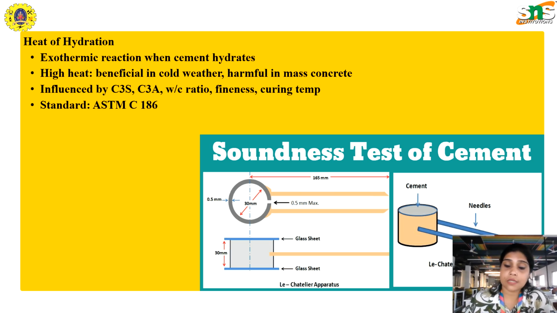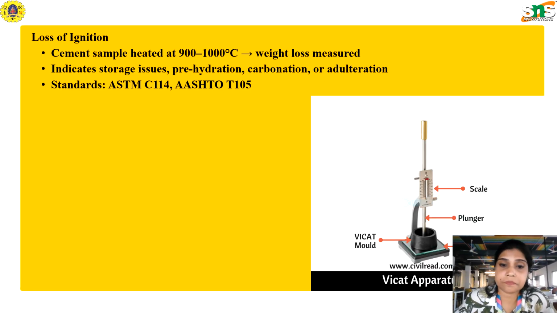Next comes the loss on ignition. So, what is loss on ignition? It is a measure of how much weight cement loses when it is heated to very high temperature, typically in the range of 900 to 1,000 degrees Celsius.